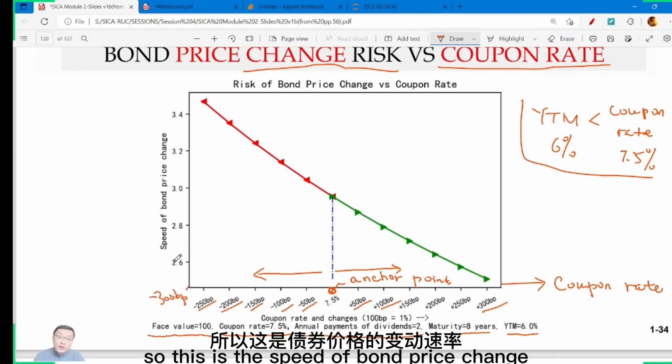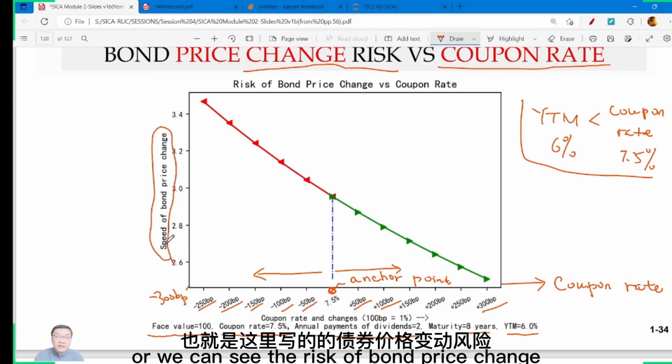So this is the speed of bond price change, or we can say the risk of bond price change.